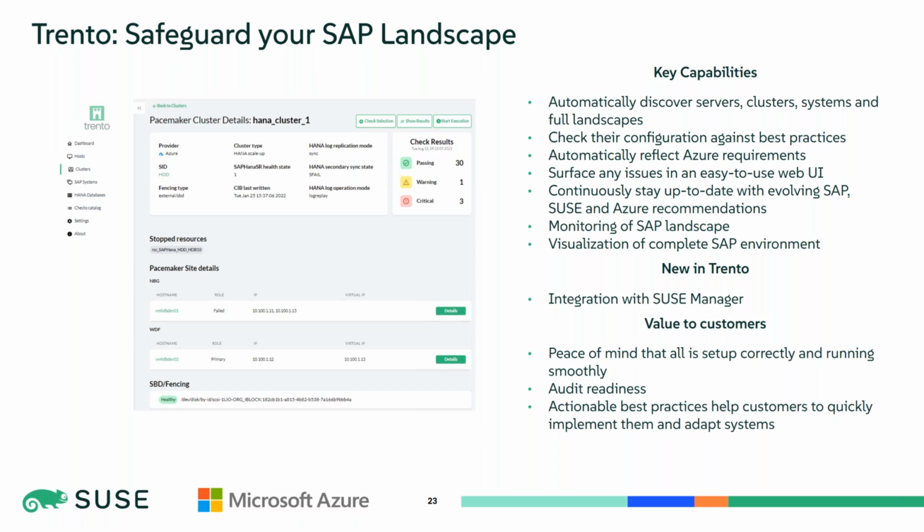So for example, a cluster has some special configuration at the Corosync layer based on the Azure environment, and Trento does have the intelligence to check against that type of requirement. And there is already integration with SUSE Multi-Linux Manager, aka SUSE Manager.